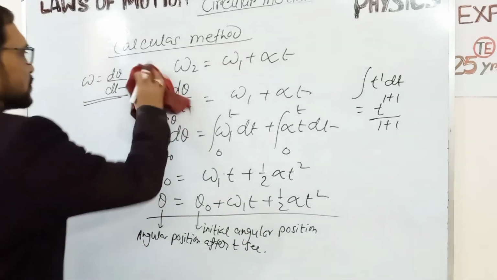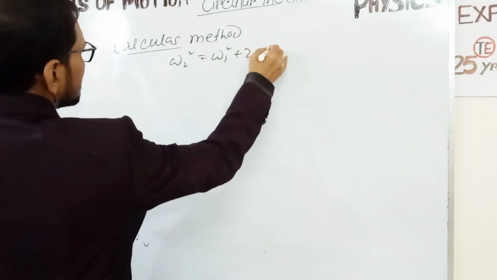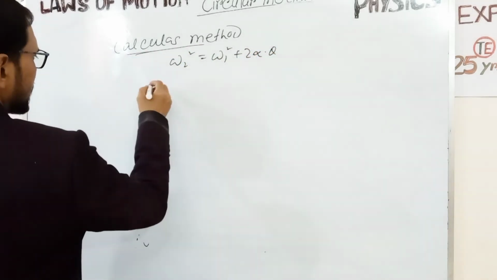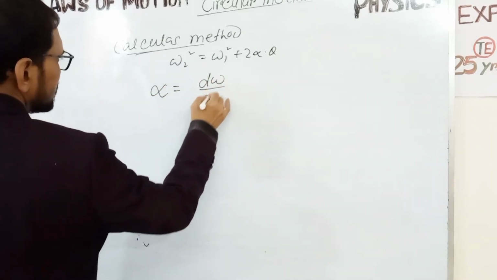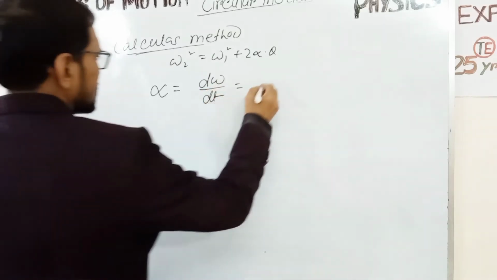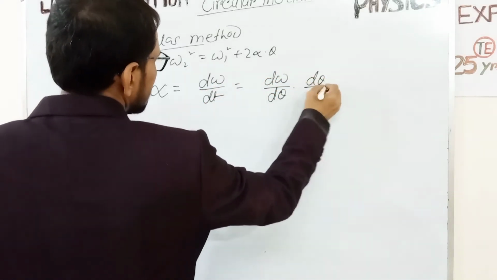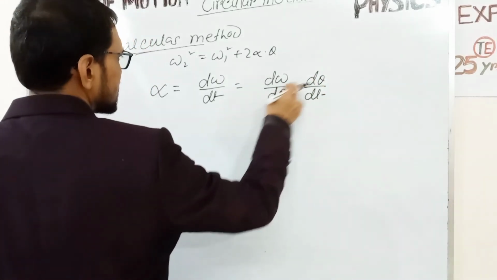Now the third proof is this: omega 2 square equals omega 1 square plus 2 alpha theta. In the calculus method, we have to prove this. We know angular acceleration alpha equals d omega by dt. Now we can write it as d omega by d theta into d theta by dt, where d theta cancels.